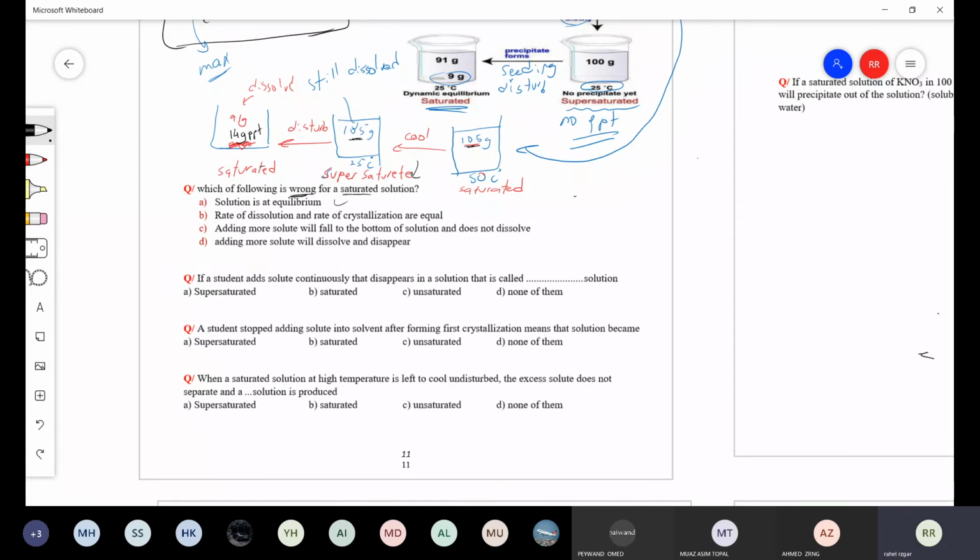Rate of dissolution and rate of crystallization are equal. Yes, correct. Adding more solute will fall to the bottom of a solution and does not dissolve. Yes, that's also a property of a saturated solution. But adding more solute will dissolve and disappear. No, this is not correct. This is a property of an unsaturated solution. That's why the answer is D.